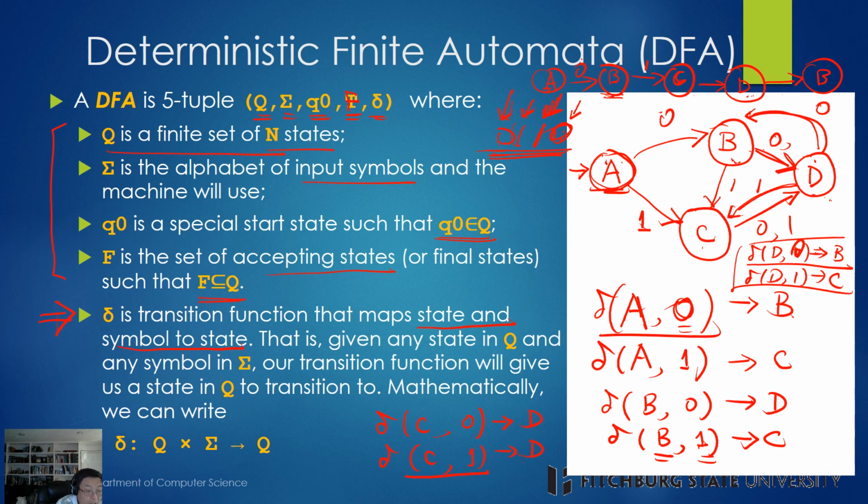Now, if B is not the accepting state, then we reject this one. If B is the accepting state, then we accept it. Suppose in this case D is the only accepting state, the final state. Then we will reject this.